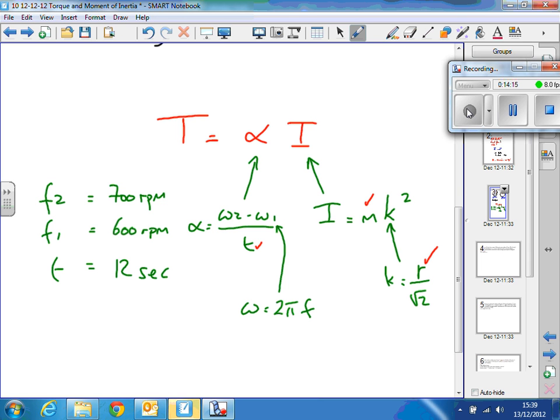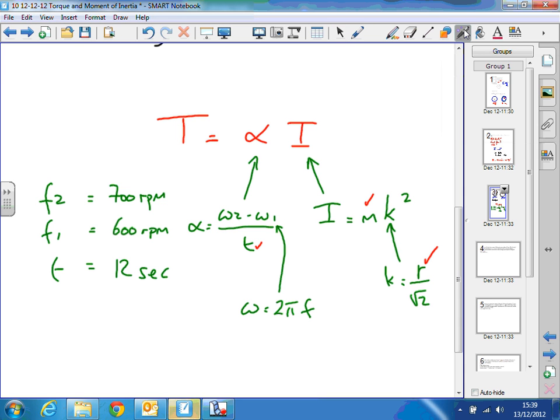At the moment it's in revolutions per minute. So I need to convert this frequency to revolutions per second, and then that can go in there to find omega. Once I've got omega 2 and omega 1, I can subtract one from the other, divide that by t to get alpha, and then that goes in here.